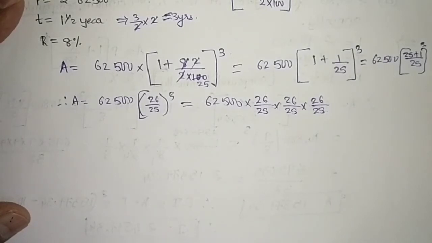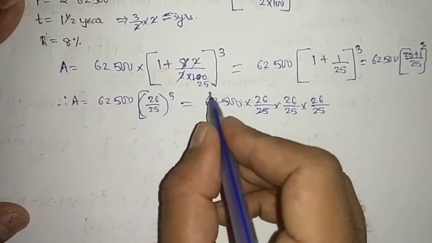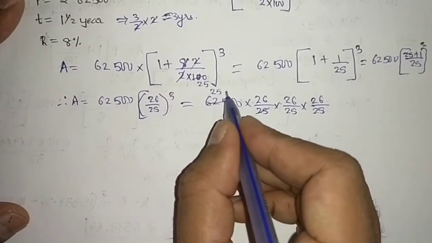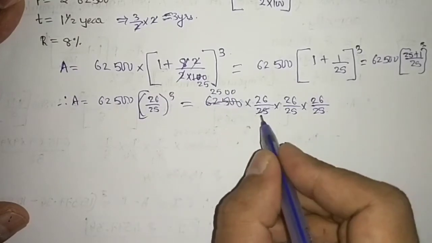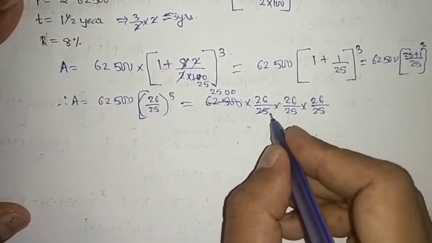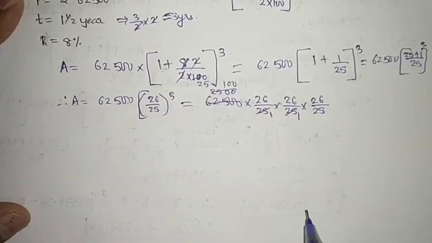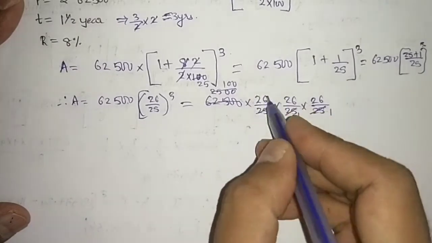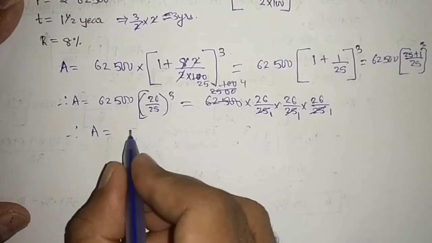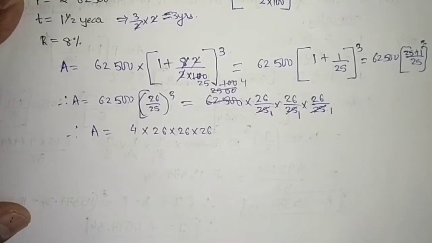Now solving further, 25 will be cancelled out by 25, 625 will be cancelled out by 25. 25 ones are 25 and 2,500 is 62,500. 25 ones are 25 and 25 fours are 100. So our remaining amount will be, amount is equal to 4 into 26 into 26 into 26.